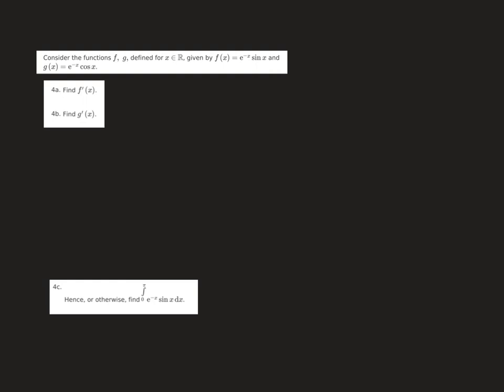Okay. Here we've got f, and we want its derivative, and we've got g, and we want its derivative. Both of these would require the product rule. If you just look at my notes here, this time I'm going to cheat a little bit, just because it's only the product rule. f prime is e to the negative x cosine of x minus e to the negative x sine of x.